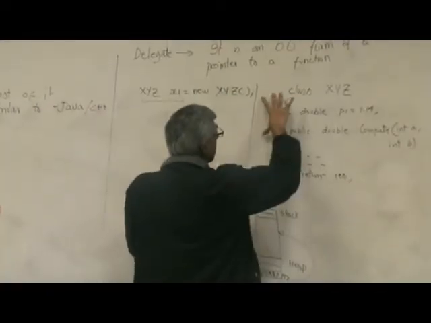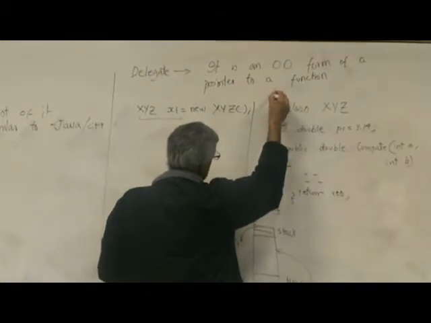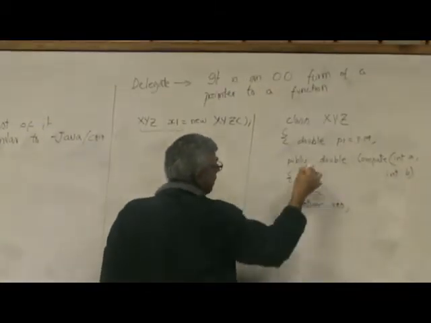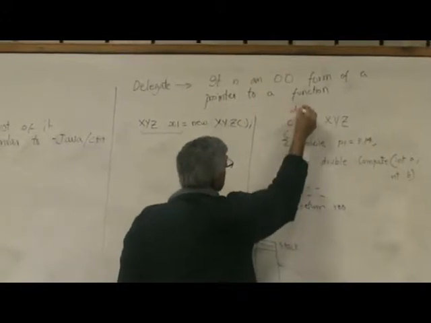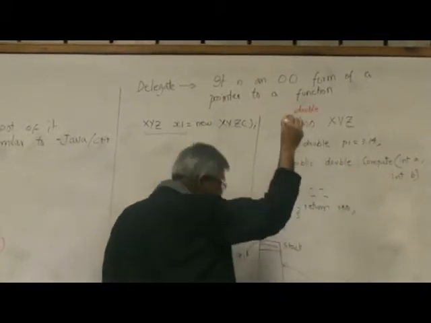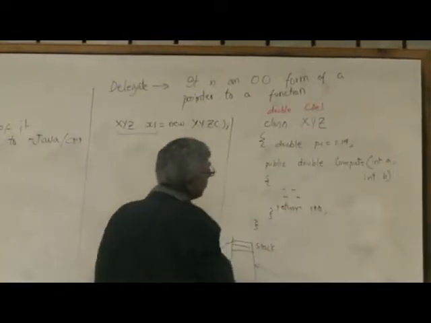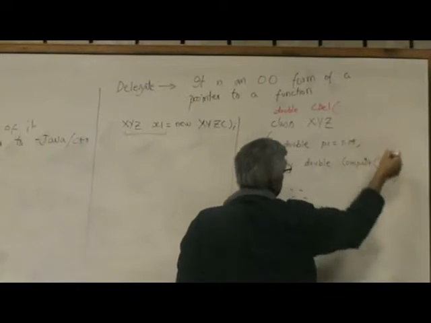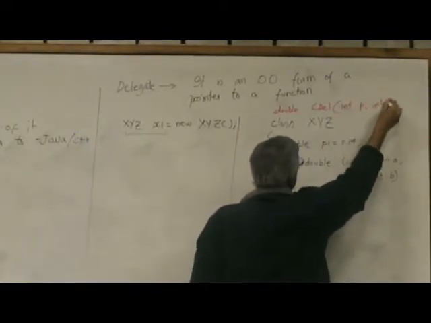So anywhere outside of a class, we can go and say, for example, if our goal is to point to this function, the signature of this function is double. Let me call it CDEL, short for compute delegate. Then let me say int p, int q.